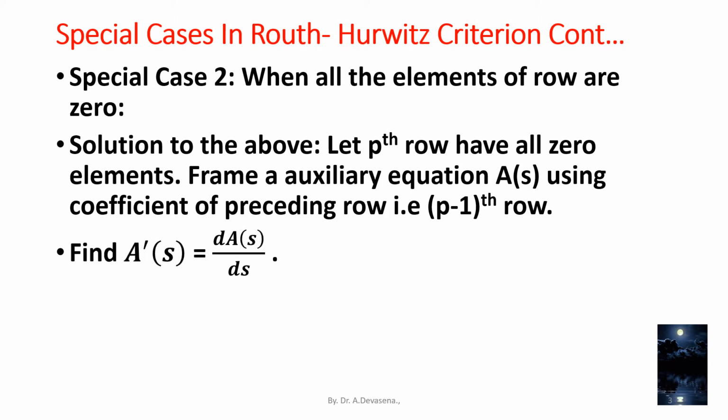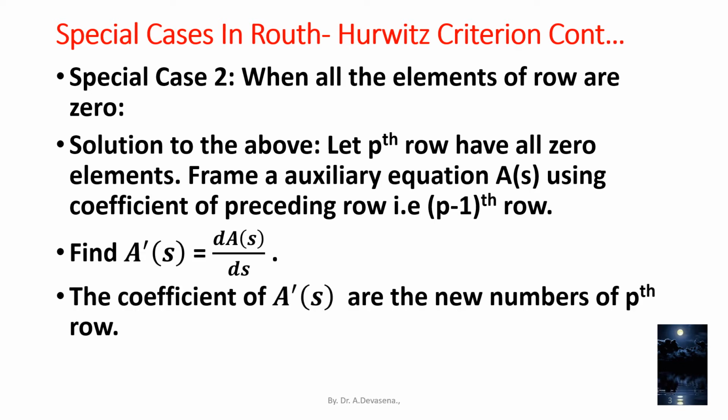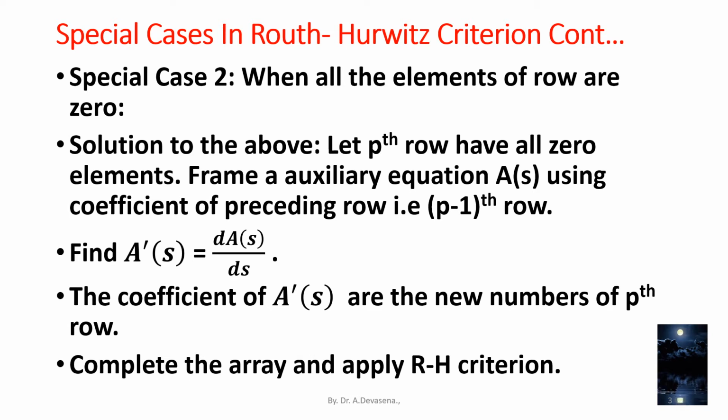Find A dash of s, that is the differentiation of A of s with respect to s. The coefficients of A dash of s are the new numbers of the pth row. Complete the array and apply RH criterion, that is Routh-Hurwitz criterion.